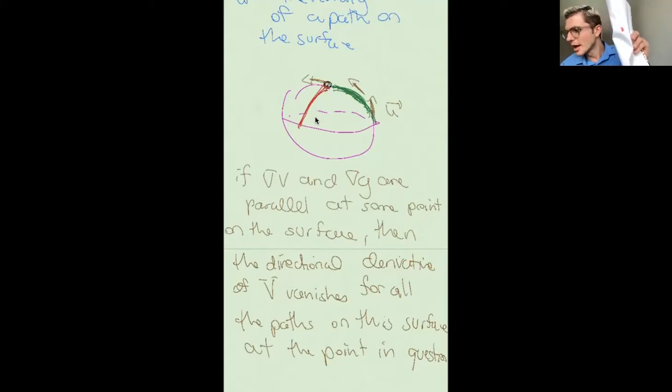At this point, both vectors are parallel, right? Then you can choose a path that goes through this point on the surface, like this purple one, and the directional derivative will be zero along the direction given by this path.